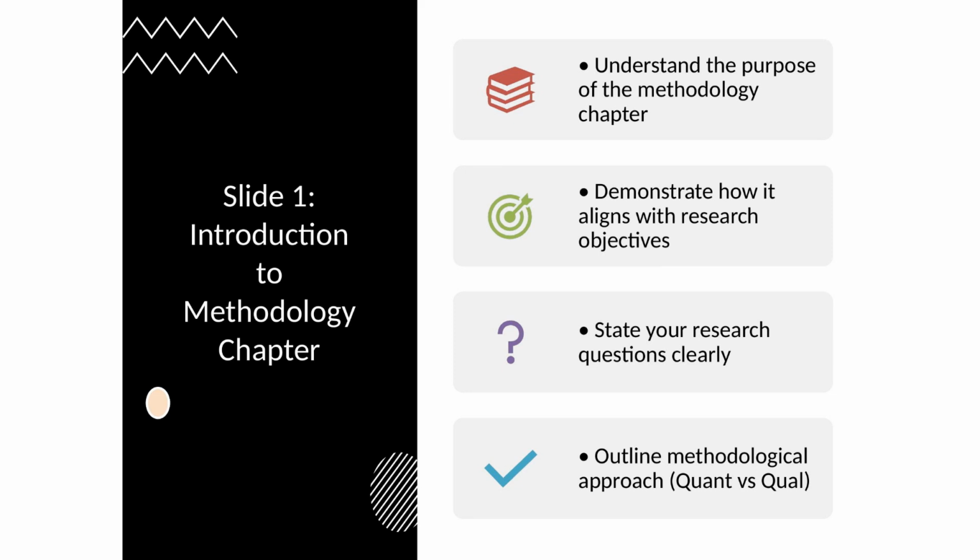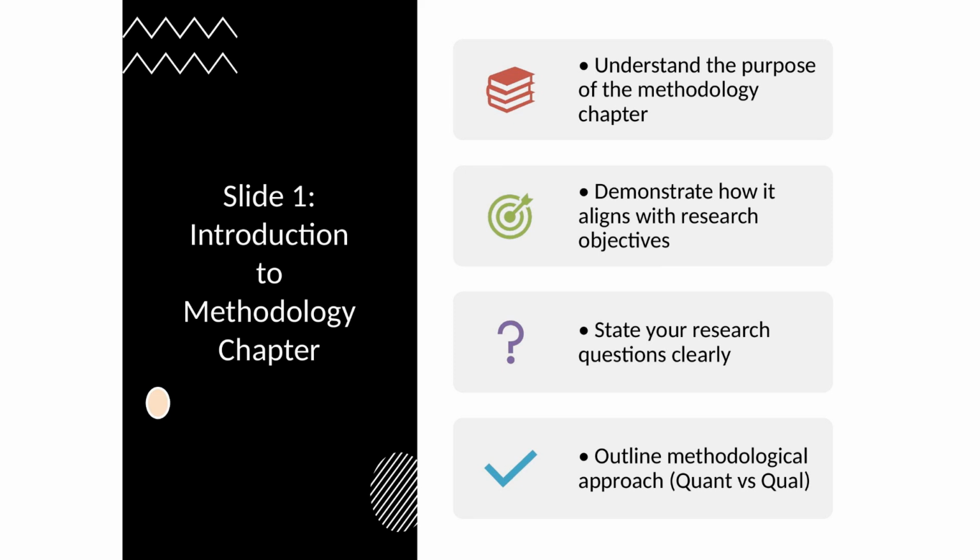Depending on whether your approach is quantitative, qualitative, or mixed, structure your chapter to reflect data collection methods, sampling technique, and data analysis procedures. Quantitative studies often include surveys and statistical tools, while qualitative ones use interviews, observations, and thematic analysis. Keep your structure clear and focused.